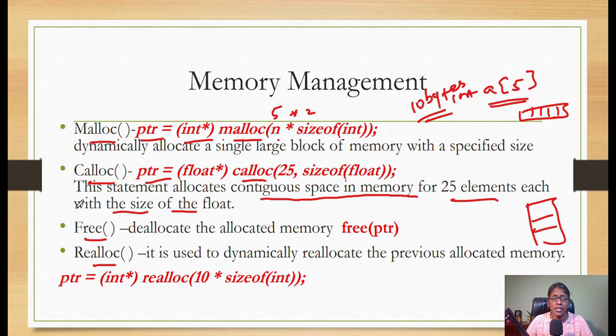After allocating, I want to free it, right? Otherwise it will be wasted. So free is used to deallocate the allocated memory. In a pointer I allocated some memory, so that can be freed. If I give free pointer, then what happens?